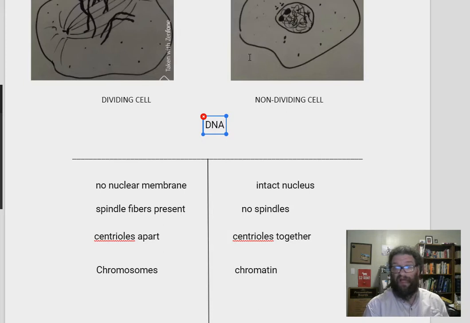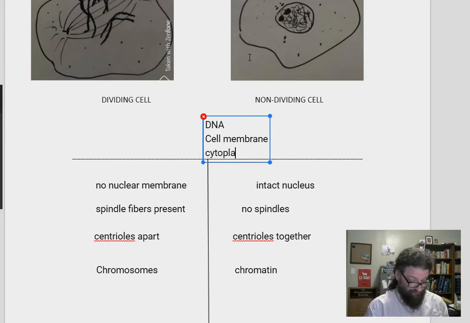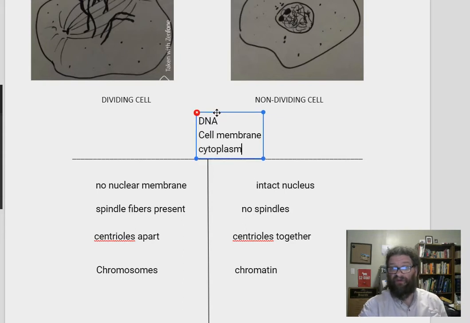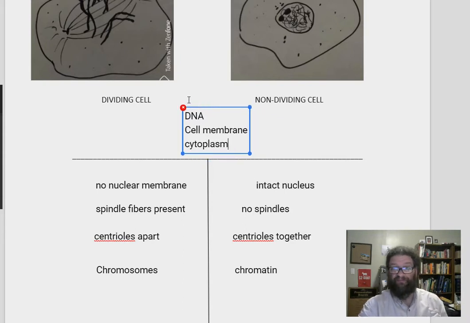They all have DNA. The cell membrane is intact, still doing its job, making the inside different from the outside. It still has cytoplasm. So the cells are intact. There's just a whole lot of movement going on on the inside.